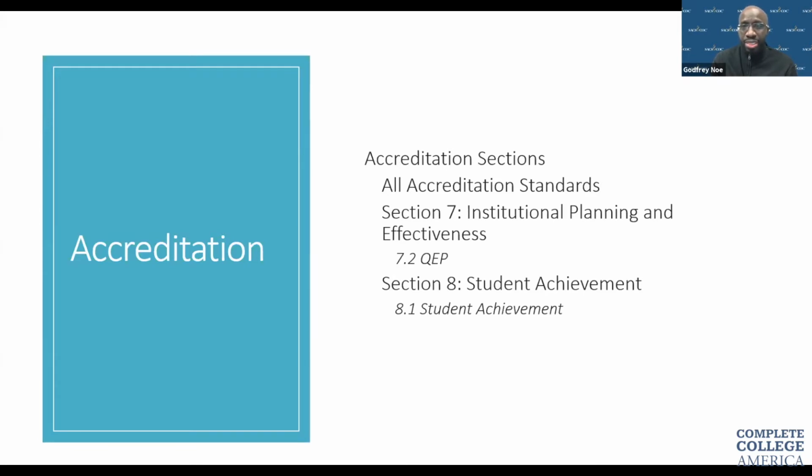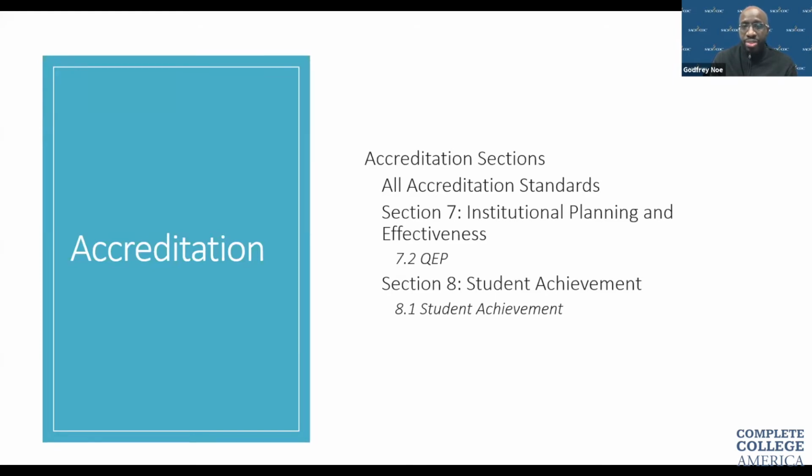Section 7 on institutional planning and effectiveness. This is one of the critical standards here at the commission. What it focuses on, as you know, is how good your institution is at the planning process and how effective it is in the teaching and learning process.